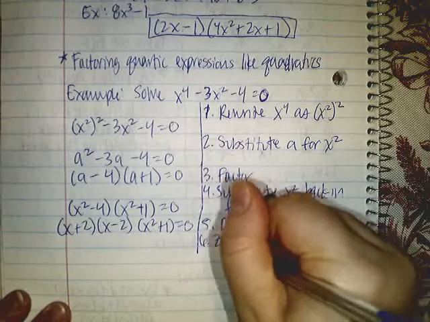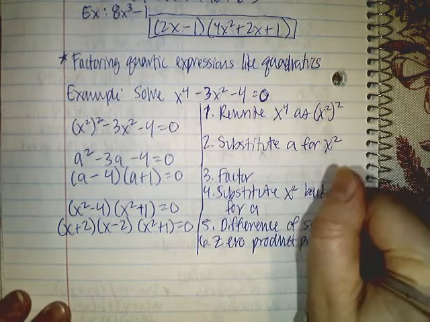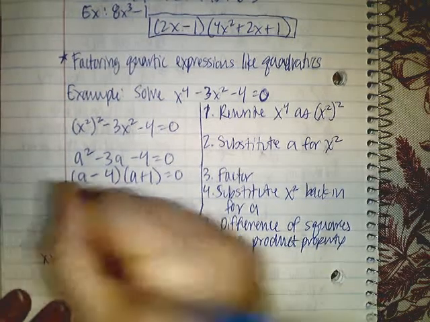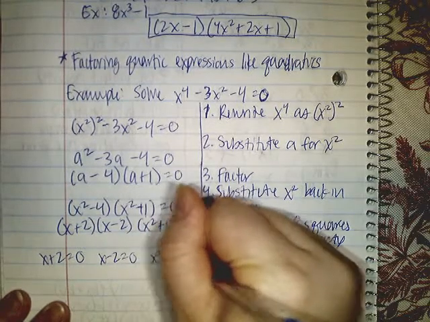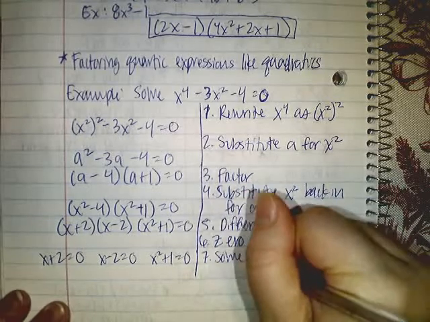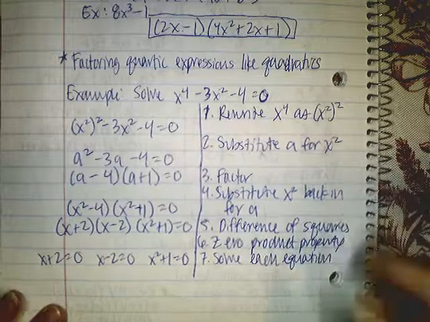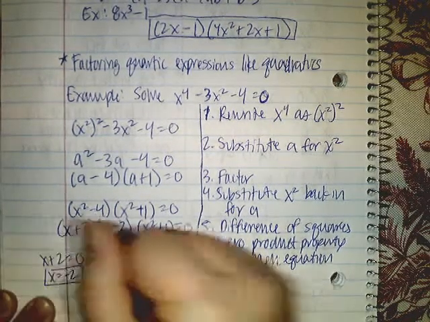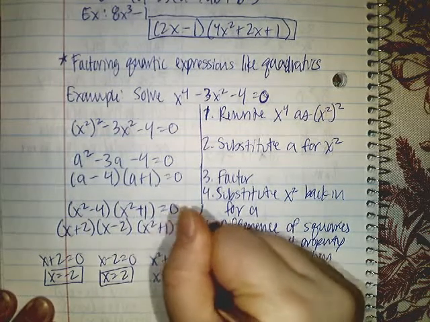I use the zero product property and say x plus 2 equals 0, x minus 2 equals 0, x squared plus 1 equals 0. I'm going to solve each equation. My last step, I get x equals -2, x equals 2, x squared equals -1.